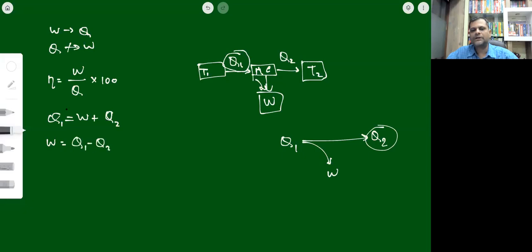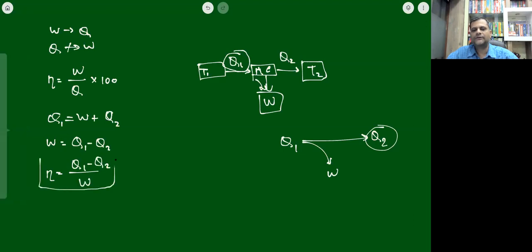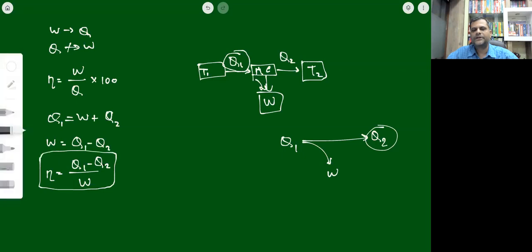And if you put this value of W here, then we get another formula for efficiency of a heat engine. Remember, तो heat engine के बारे में हम बात कर रहे हैं यहाँ पे.